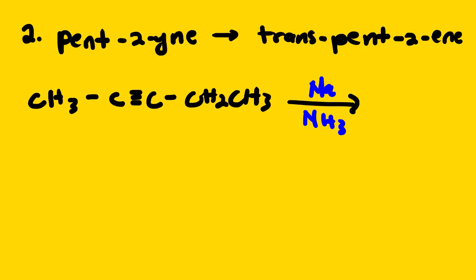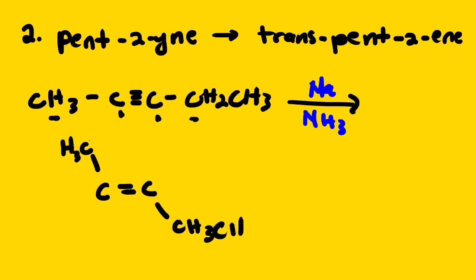Sometimes it is written like this. So these are the carbons which are involved in the carbon-carbon triple bond. So we have a double bond, and this part we can put here. Then this part we can put here. Then we can put our hydrogens here.